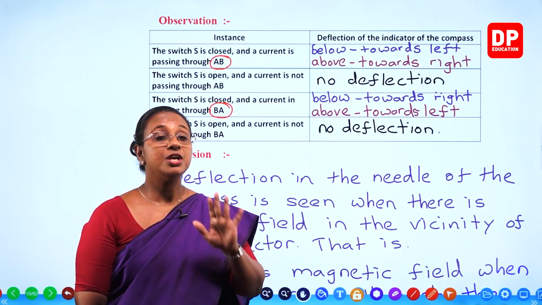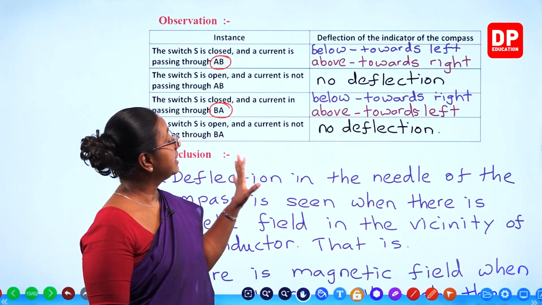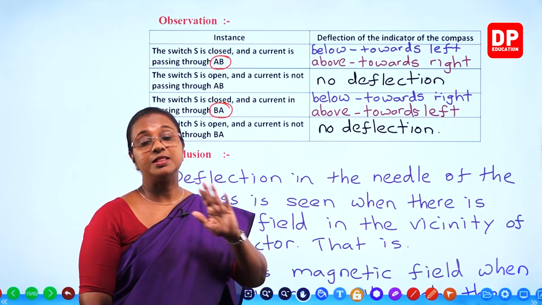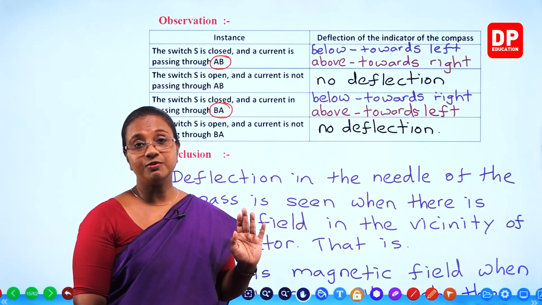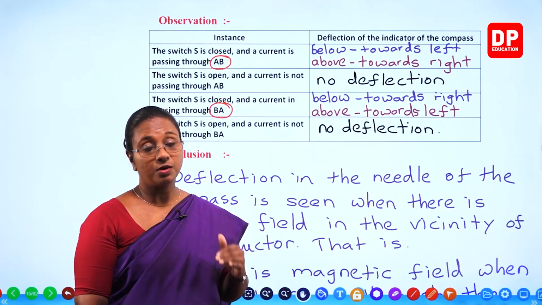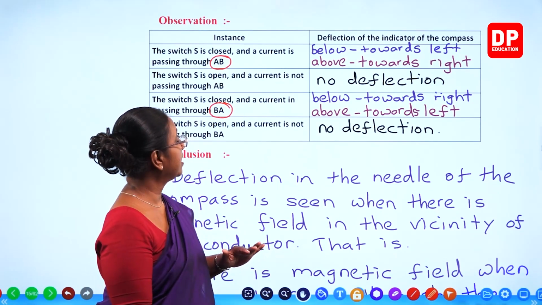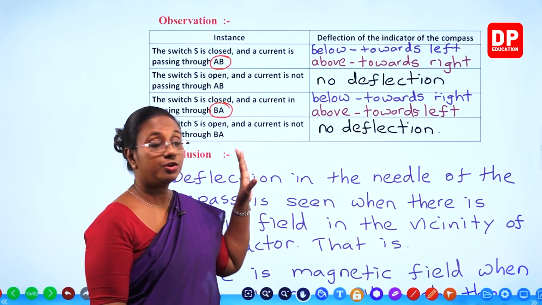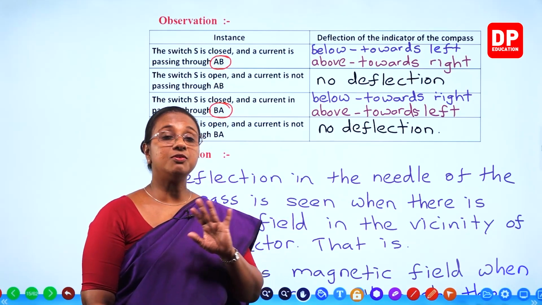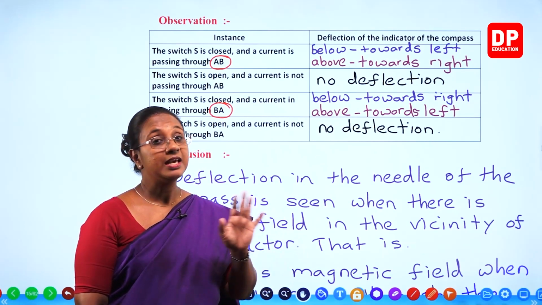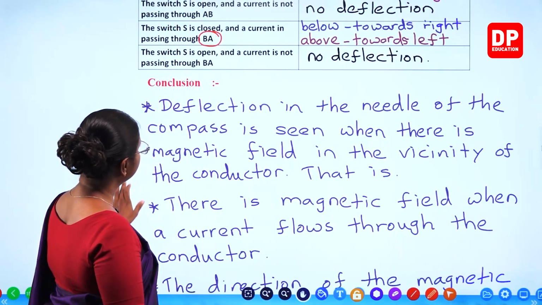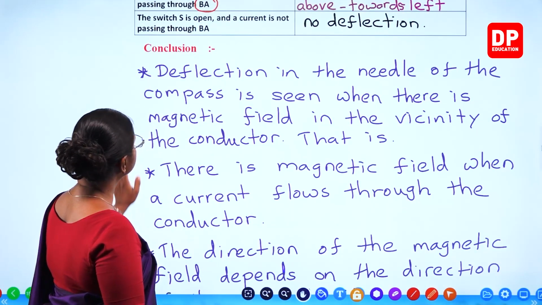Only thing is you need to understand that the direction of the deflection changes with the direction of the current flow and also depending on the position of the compass. And you need to understand there is deflection only when there is current flow. When there is no current flow, there is no deflection. Is that clear, students? So then, from all these observations, we got these conclusions.